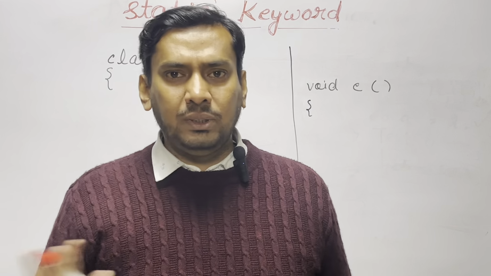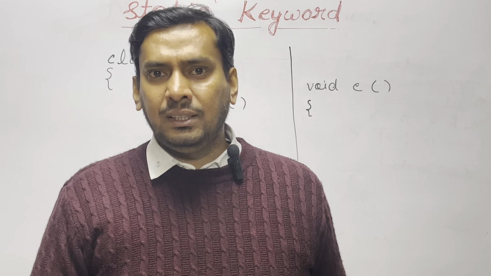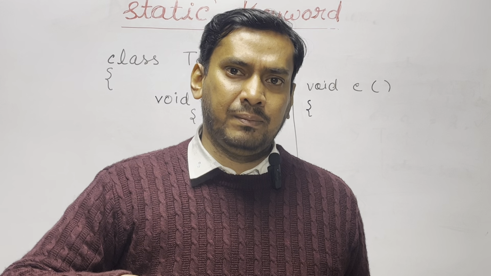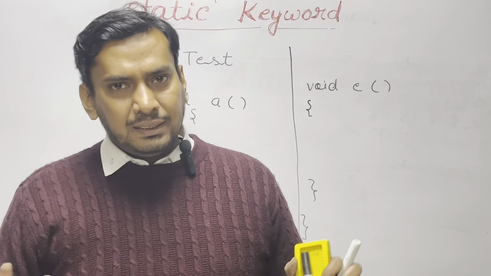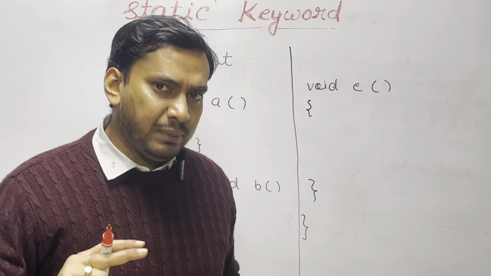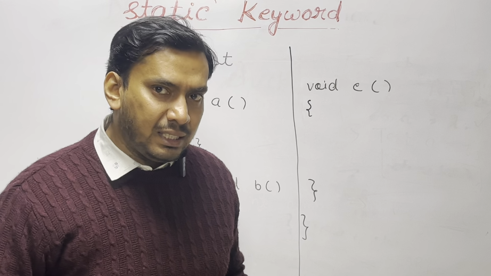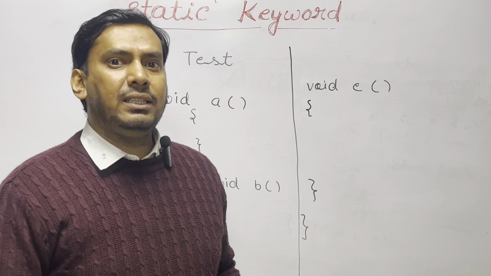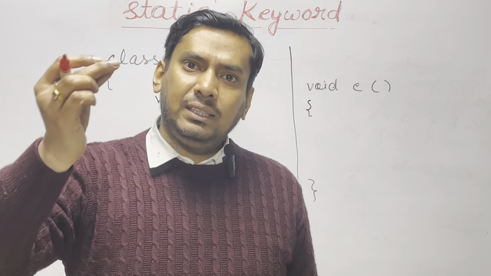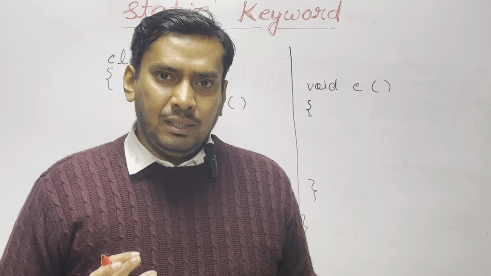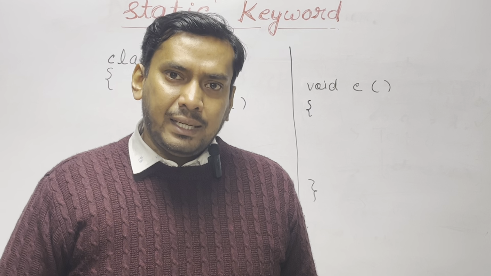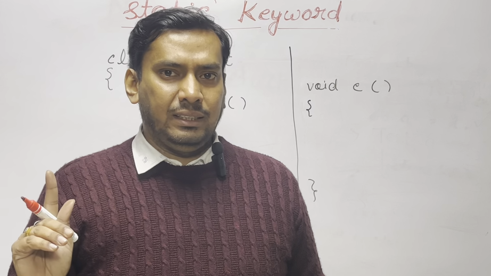Within the same class, you don't need to use an object reference to access static or non-static members. But from a static scope, and when I say static scope it may be a static method, a static nested class, or a static initializer block, if you want to access the other members of the same class, static to static you can directly access, but static to non-static you cannot access directly.